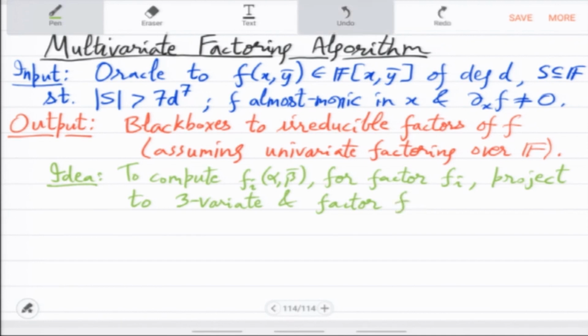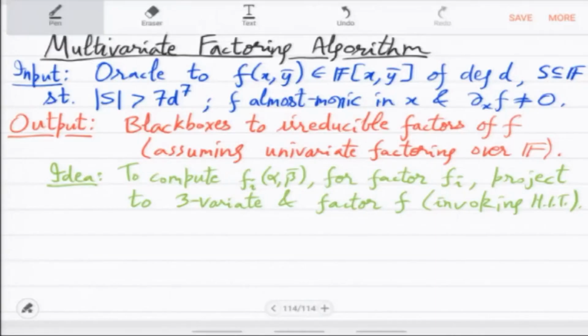Okay, so here you will be invoking the irreducibility theorem. You are given a point (alpha, beta bar) and you are given this number i, which points to the factor Fi in which you are interested, and you want the value of Fi at (alpha, beta bar). You don't know Fi.